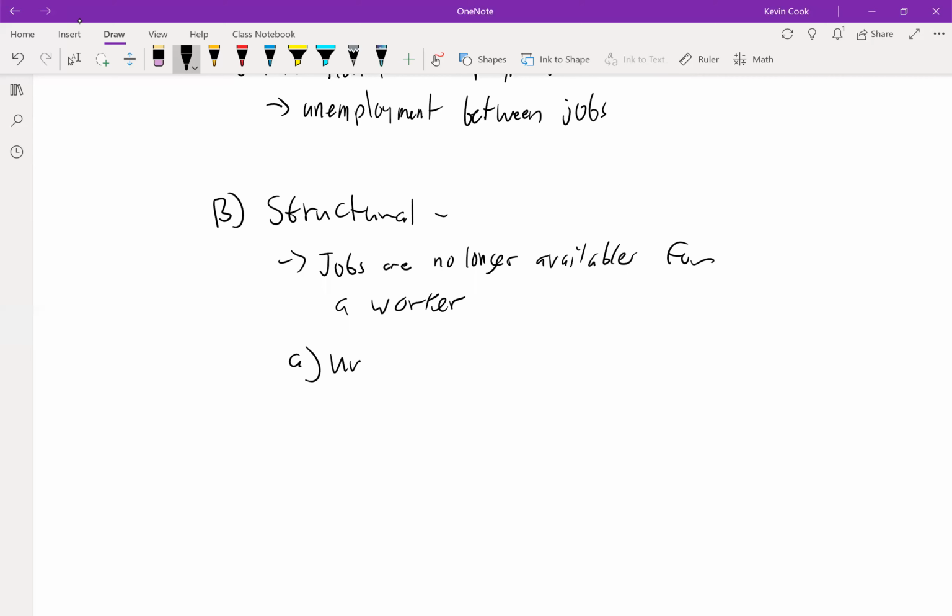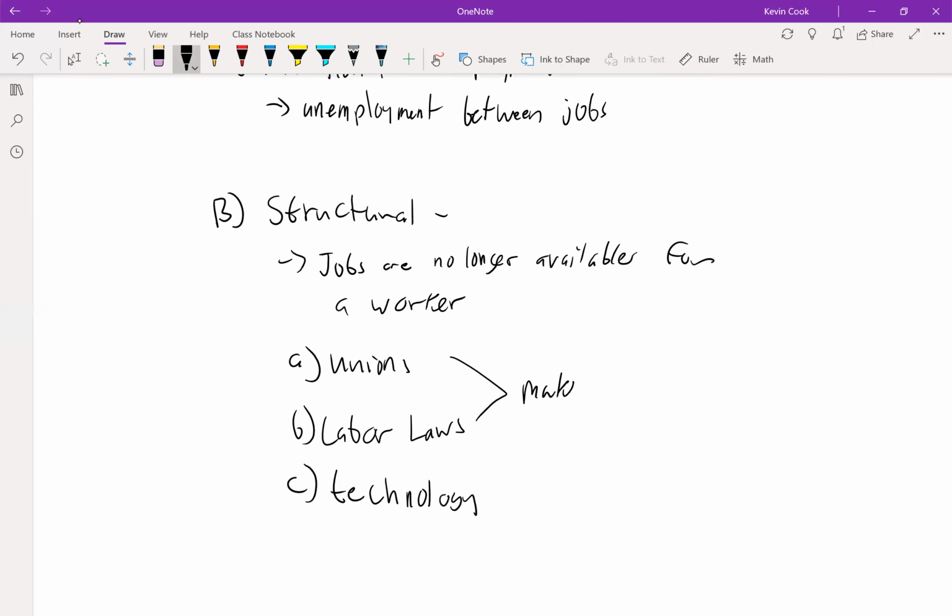And the big categories that we looked at for structural were unions, labor laws, and technology. Unions and labor laws make labor more expensive, which makes demand decrease for labor.